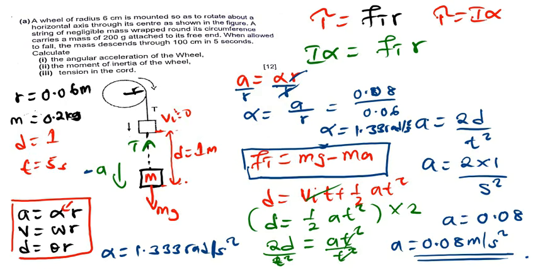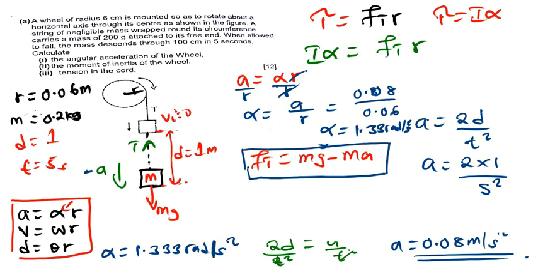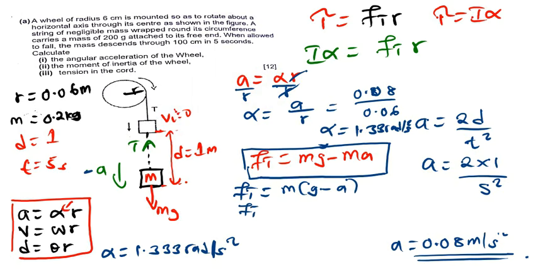Now I can go ahead and find the tension force. That is now part 3. So the Ft is equal to, I can factor out m, g minus a. Ft will be, m is 0.2, g is 9.8 minus 0.08.